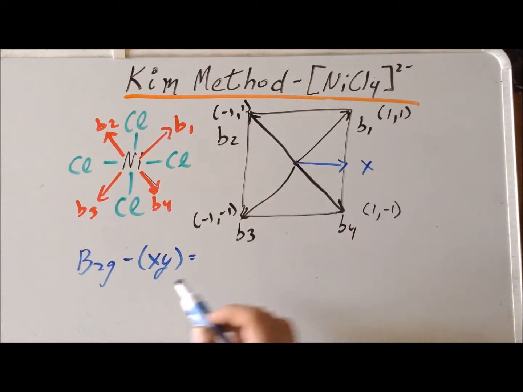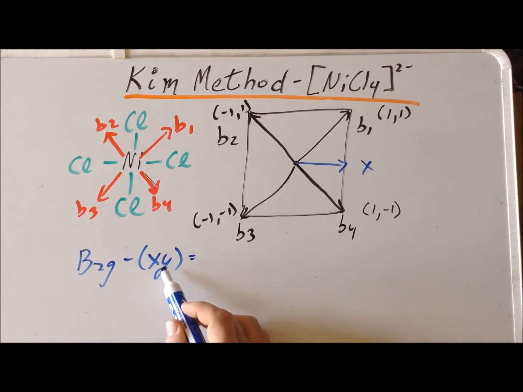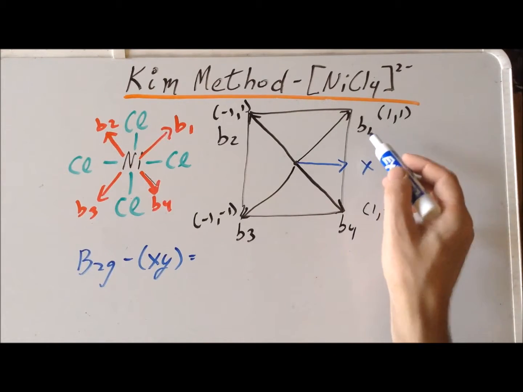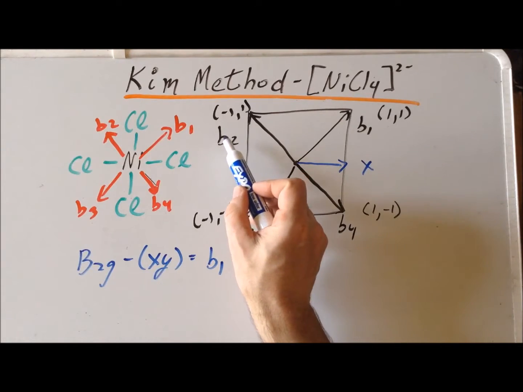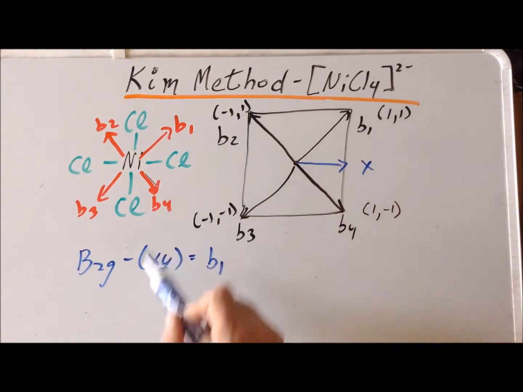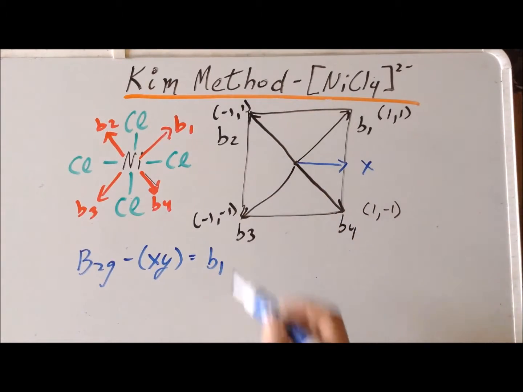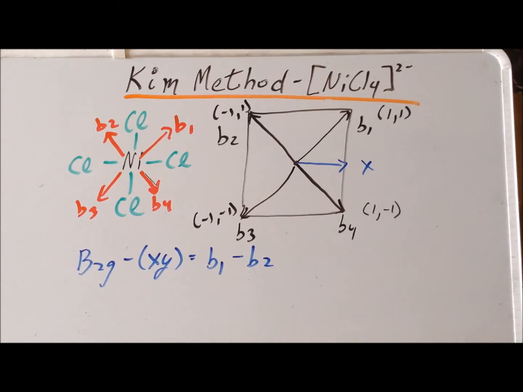For B1, x and y are both equal to 1, so x times y is equal to 1, so the coefficient of B1 is simply 1. Now for B2, x is -1, y is +1, xy is now -1, so the coefficient of B2 is -1, so we get a minus B2.